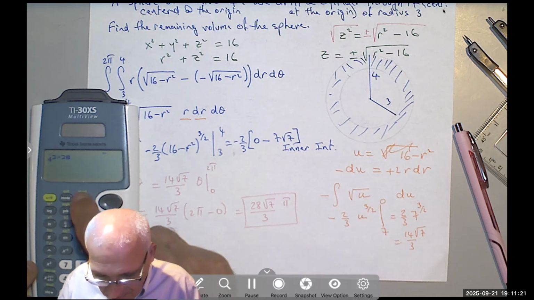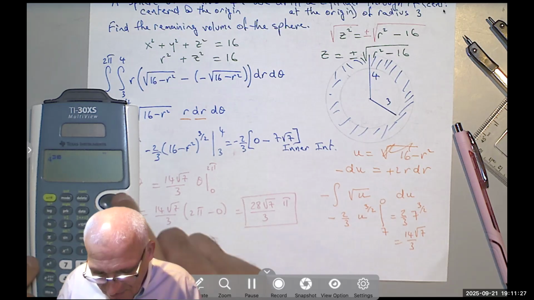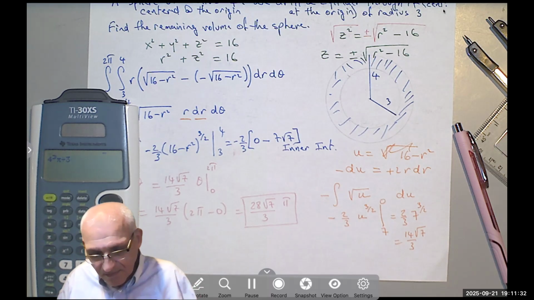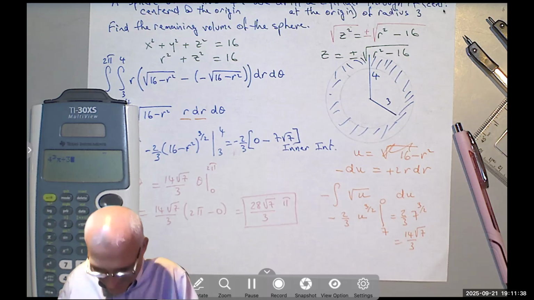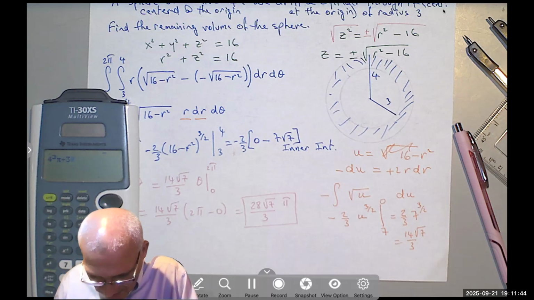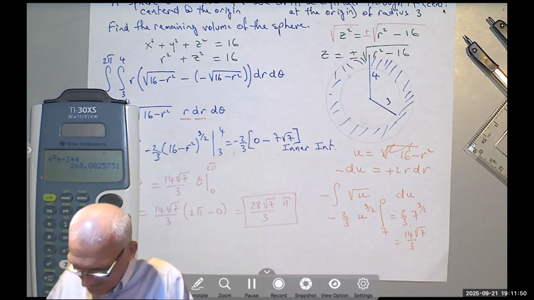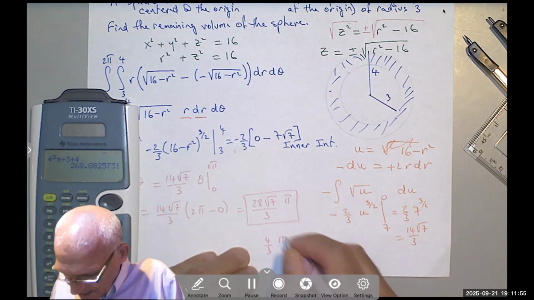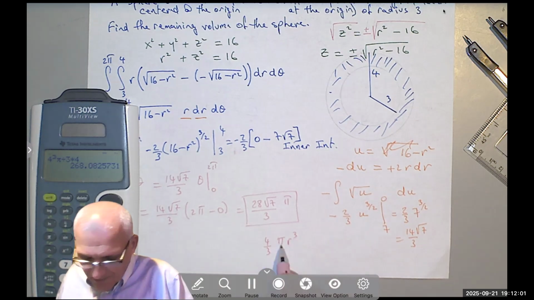oops, no, I'm sorry. I always do that. It would be 4 thirds pi r cubed. 4 times 4 cubed, and then times pi over 3.